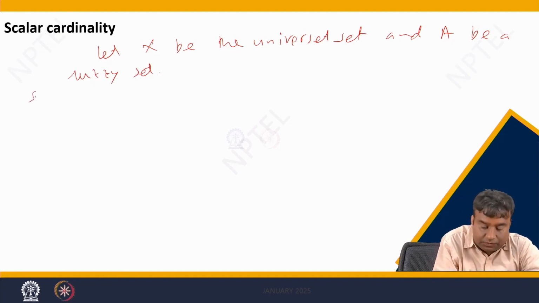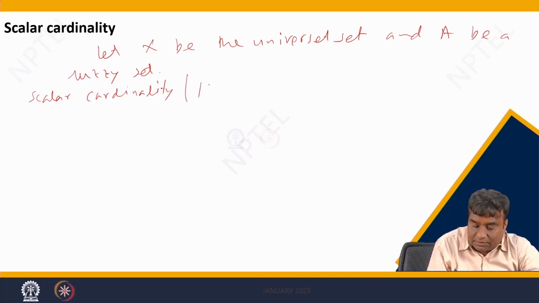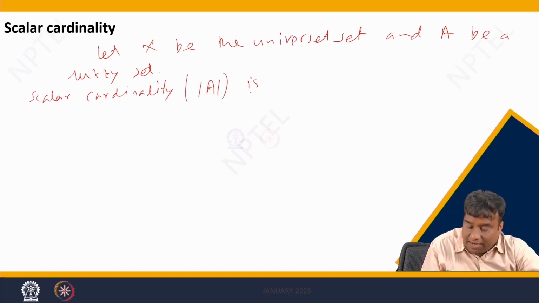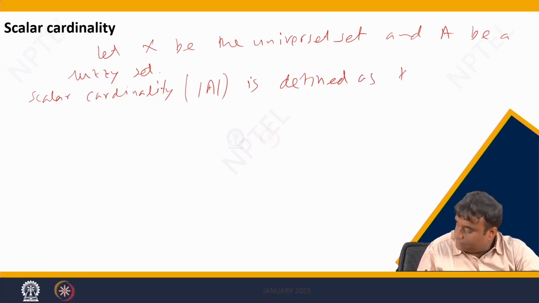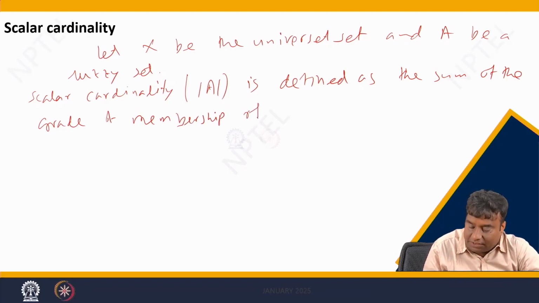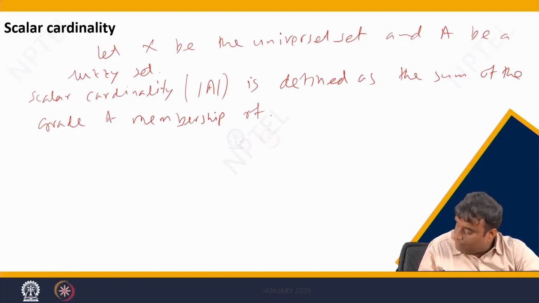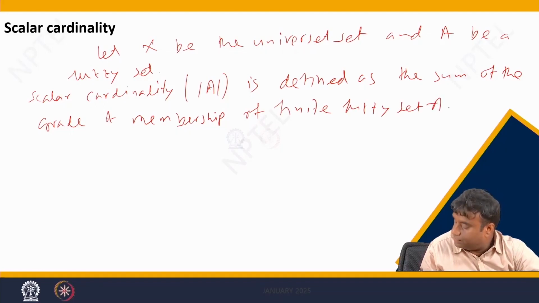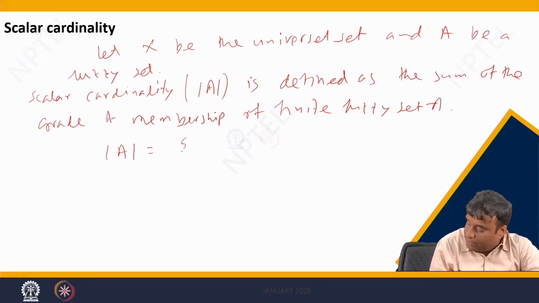Scalar cardinality, denoted as mod A, is defined as the sum of the grades of membership of a finite fuzzy set A. That is, mathematically, cardinality of A is the summation over x belonging to X of the membership function mu A x.